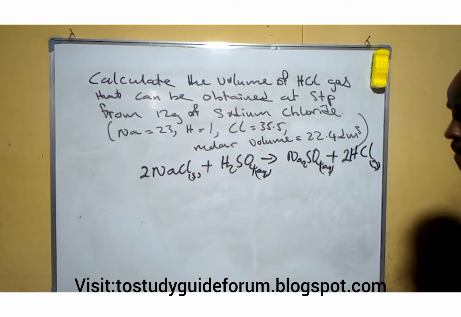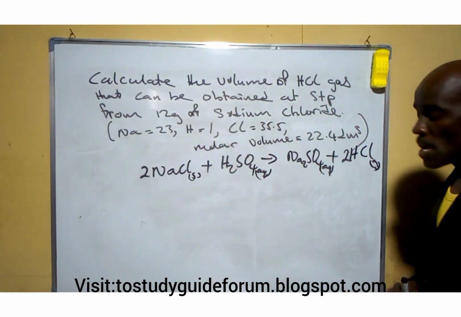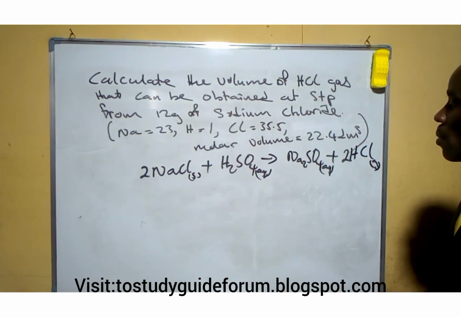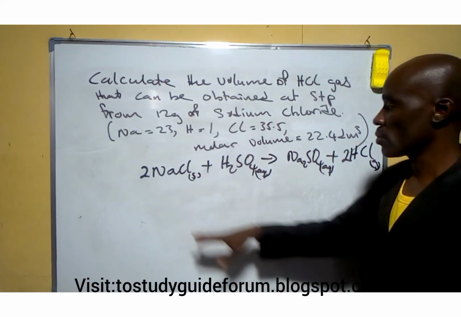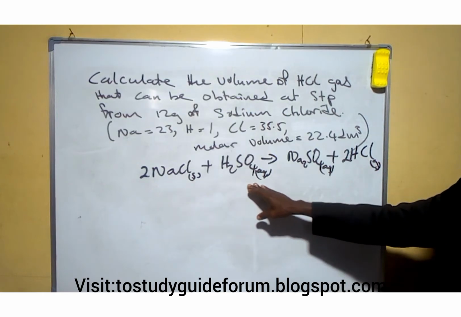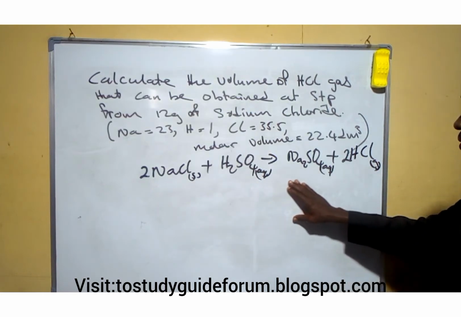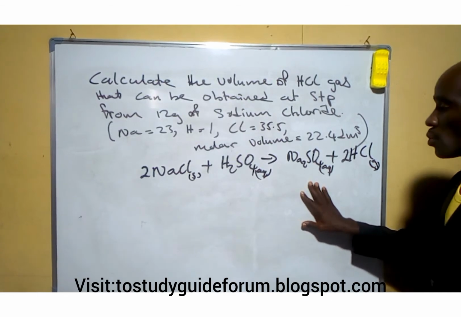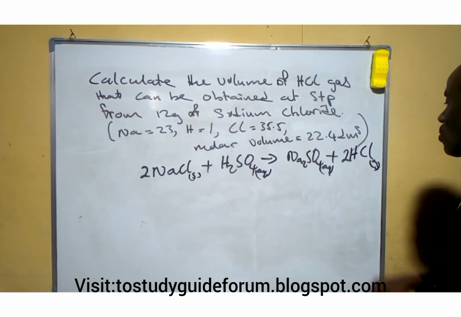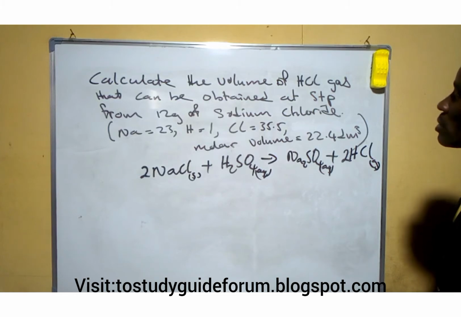That is what we have here. From this chemical equation, we'll be able to see the way the reaction takes place. We see that 2 moles of sodium chloride react with acid to give us 1 mole of sodium tetraoxosulfate(VI) and hydrogen chloride gas.